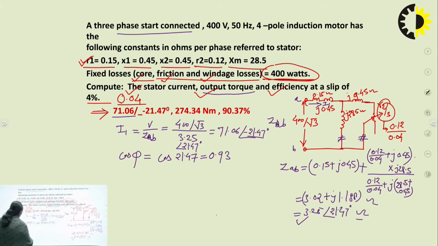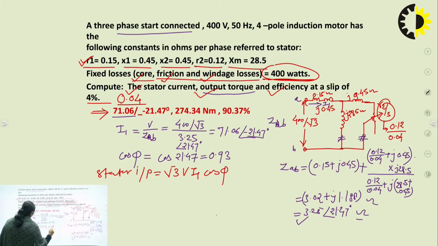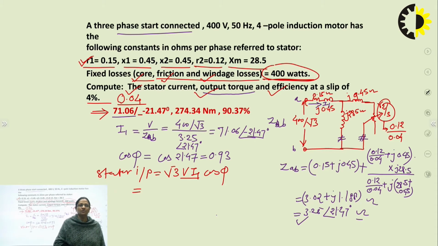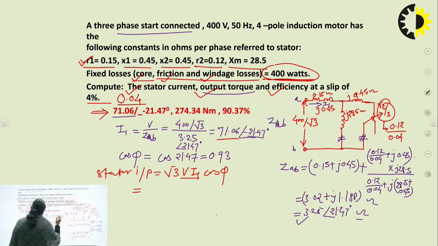So stator input can be written as root 3 V I1 cos phi, right? Here V and I are the line values. The line value of voltage is very well known to us. It is 400 volt, and as the stator winding is star connected, the line value of current and phase value of current are same, and we have already calculated the phase value of current.